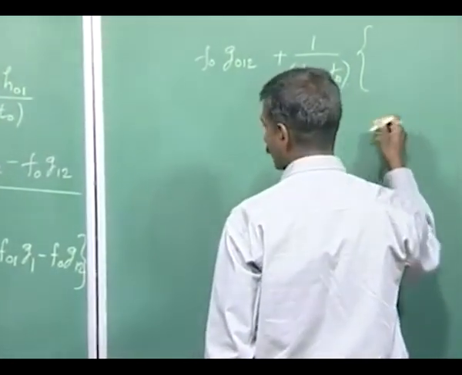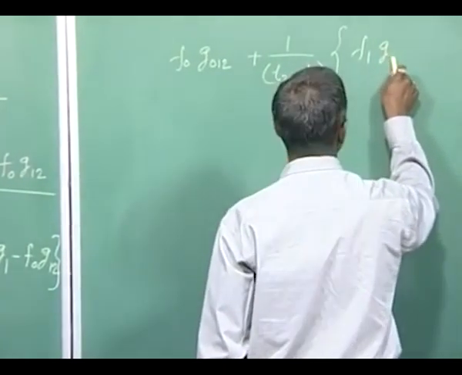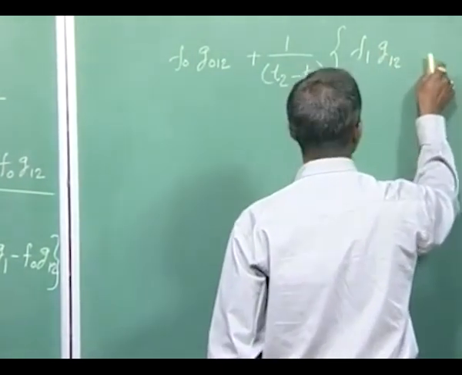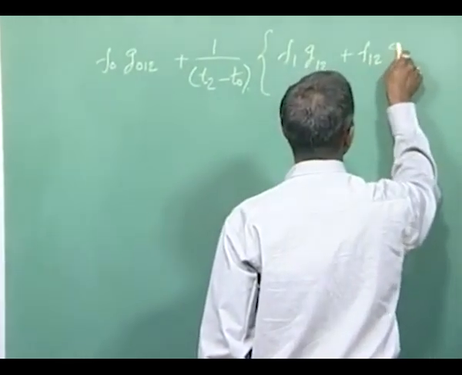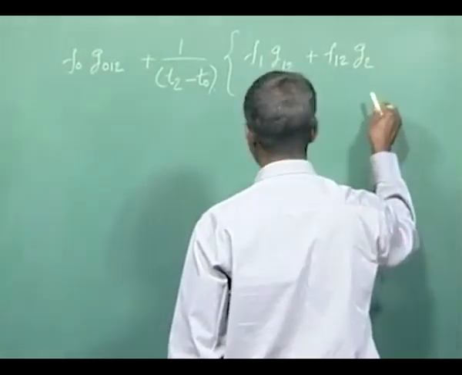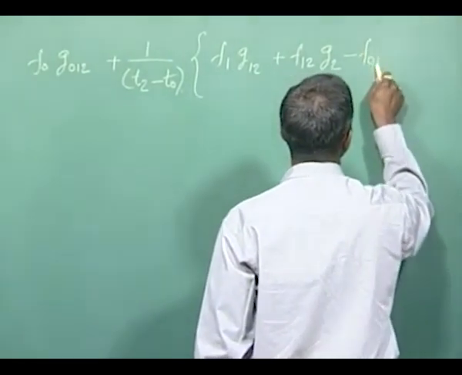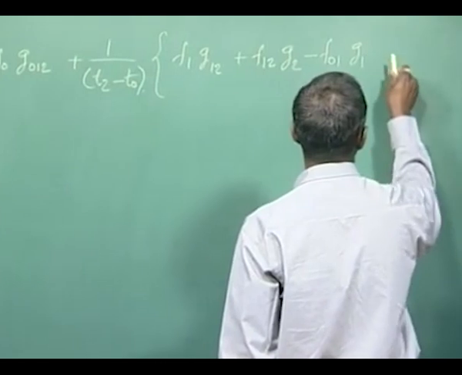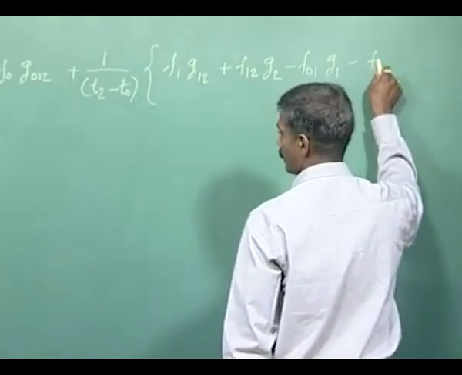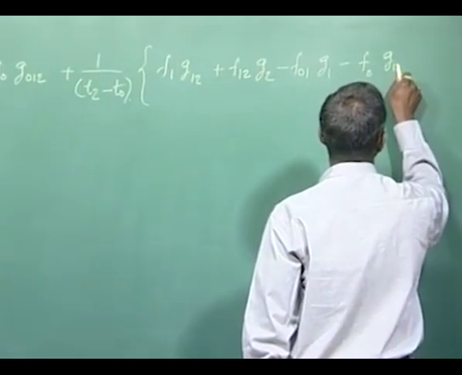Let me rewrite this for you: F1 G12 plus F12 G2 minus F01 G1 minus F0 G12.